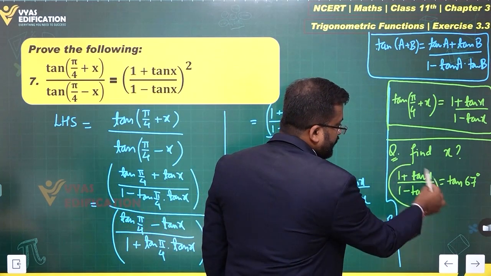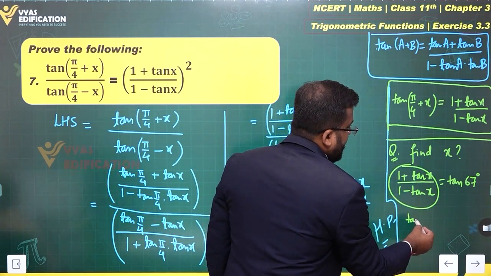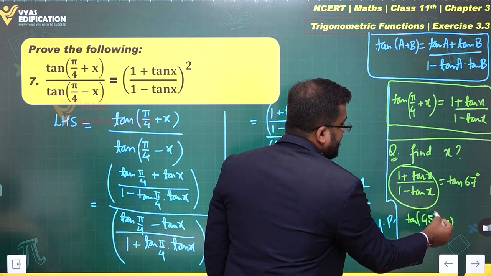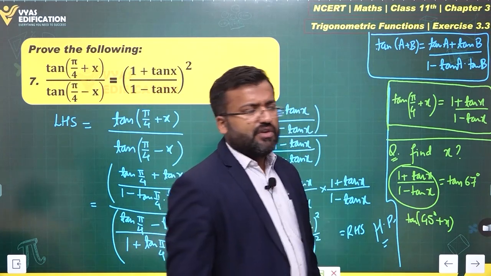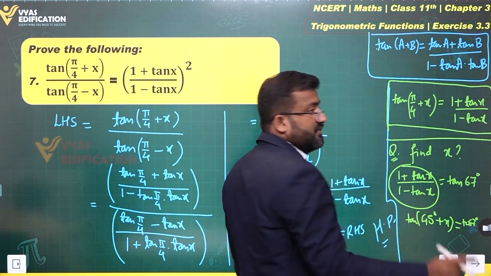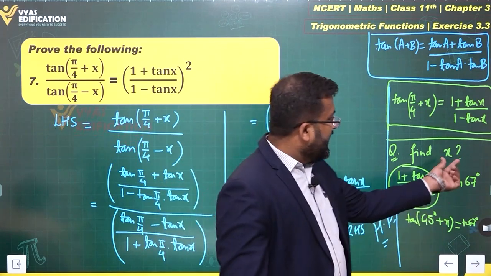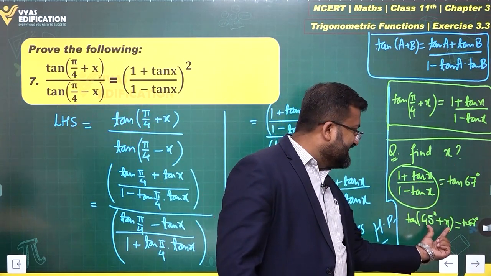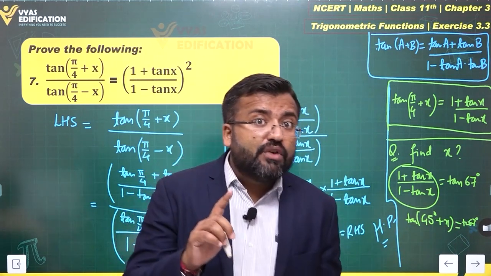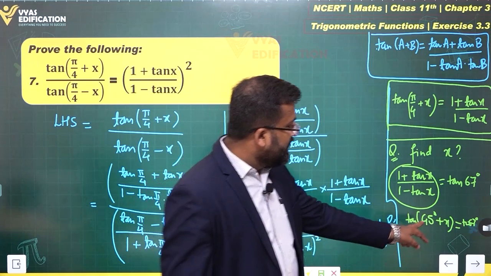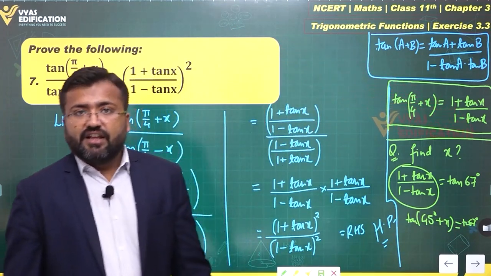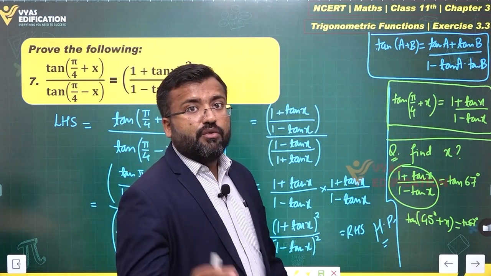Since this is equal to tan of pi by 4 plus x, this can be written as tan of 45 degree plus x. Now we are dealing with degrees in the RHS, so we'll use degrees only, right? This is equal to tan 67, and x would be equal to 67 minus 45, which is 22 degree for acute angle x.